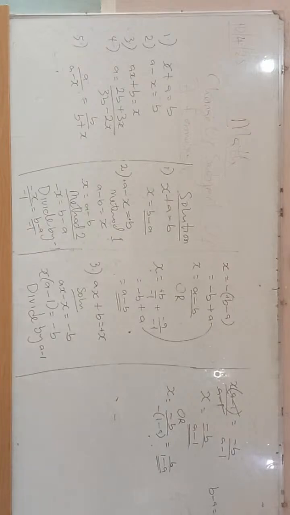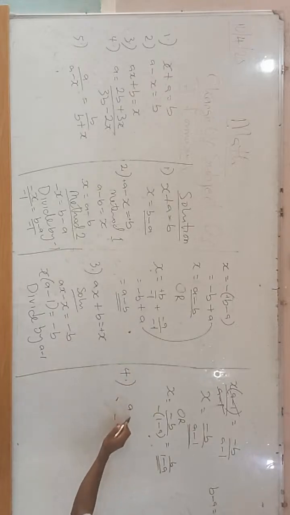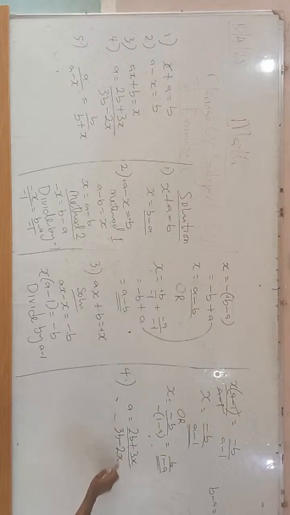Are we okay now? Okay, let's move on to number 4. You have a equals 2b plus 3x over 3b minus 2x. You can give this a denominator of 1.